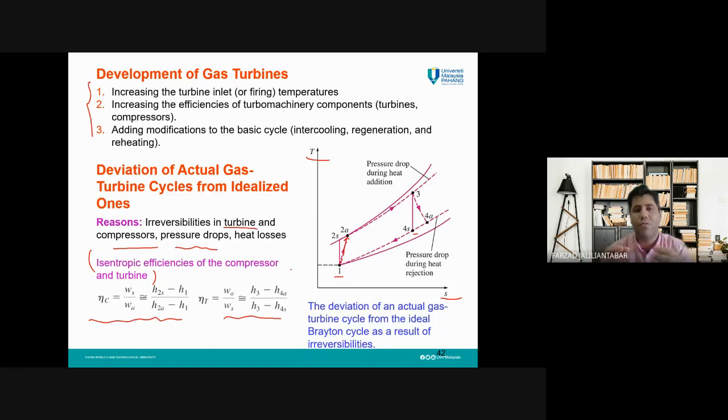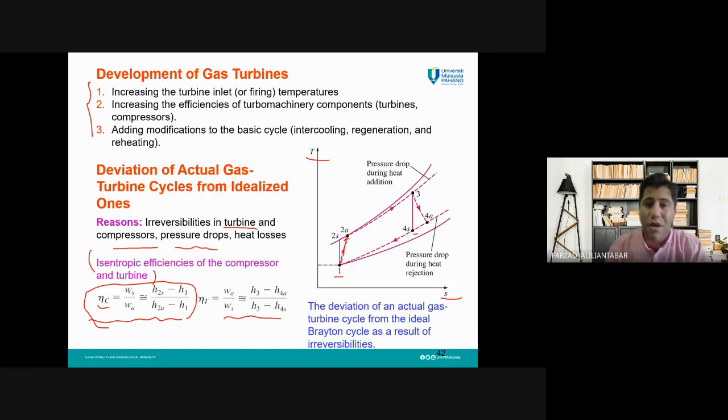But when we have irreversibility, a pressure drop, or a heat loss in those devices, we have an actual process. So we can write this equation. For example, for the compressor, the isentropic efficiency is equal to Ws divided by Wa.